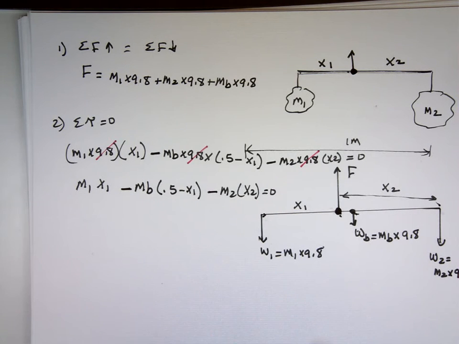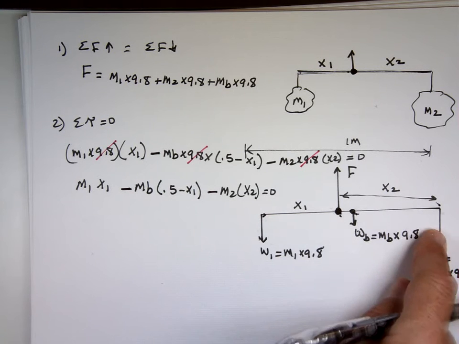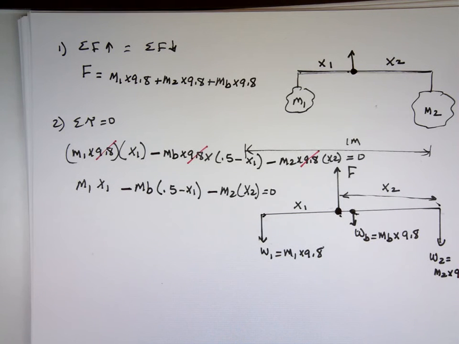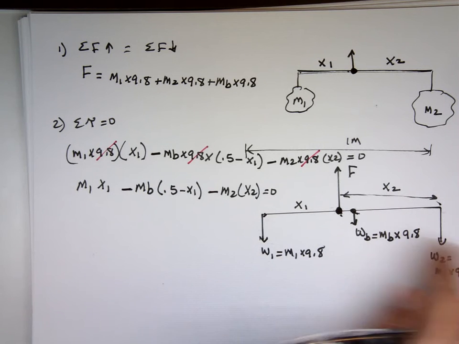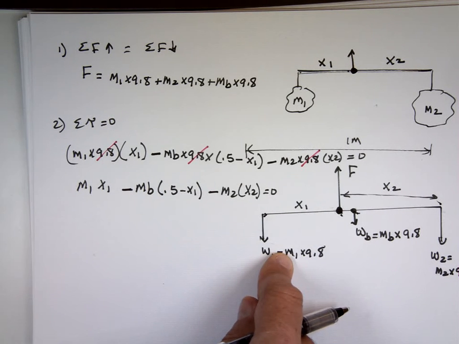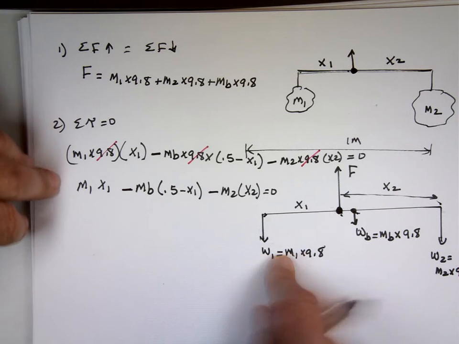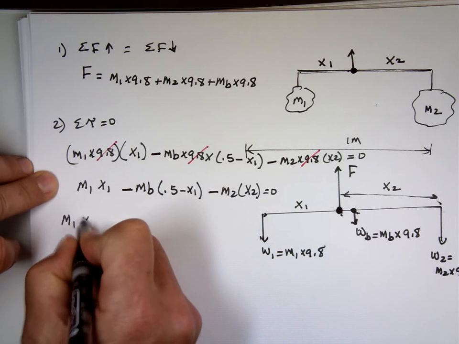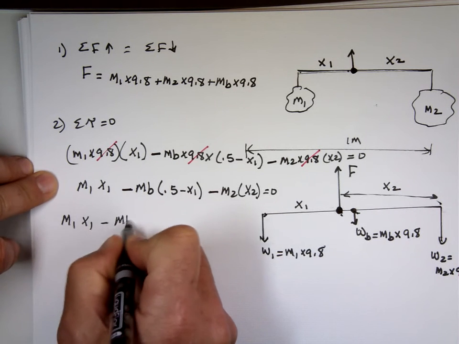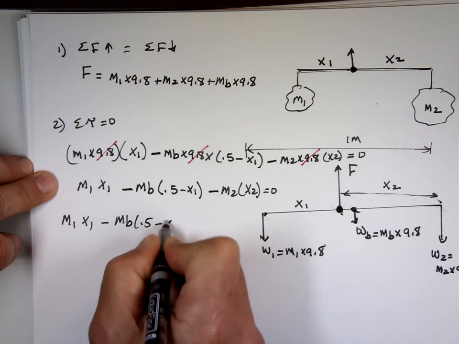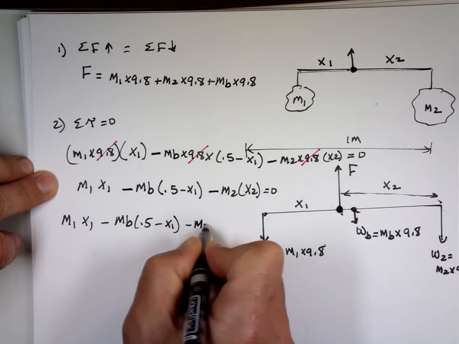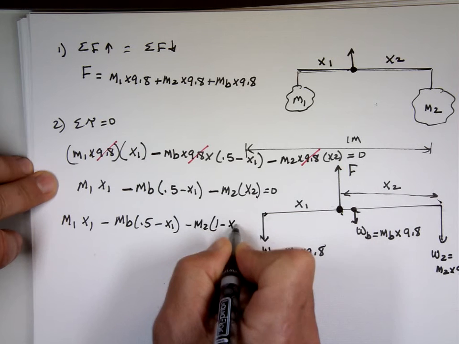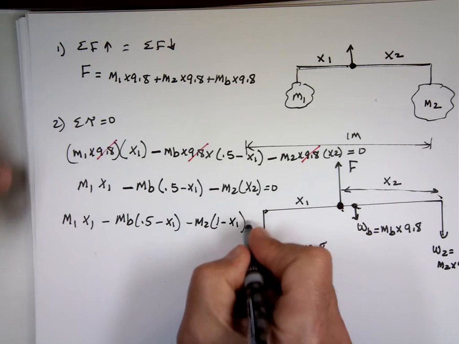Again, if I take x sub 2 and replace it with 1 minus x sub 1, how many unknowns do I have? Only one unknown. I'm assuming I know these masses. So if I replace x sub 2 with 1 minus x sub 1, now I only have how many unknowns?